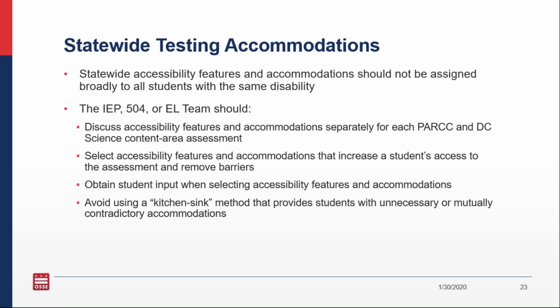We should not see your entire grade or entire class of students all receiving the same accommodation because you feel like they will be successful if you just give them everything. Again, you have to identify what's going to work best for each individual student.